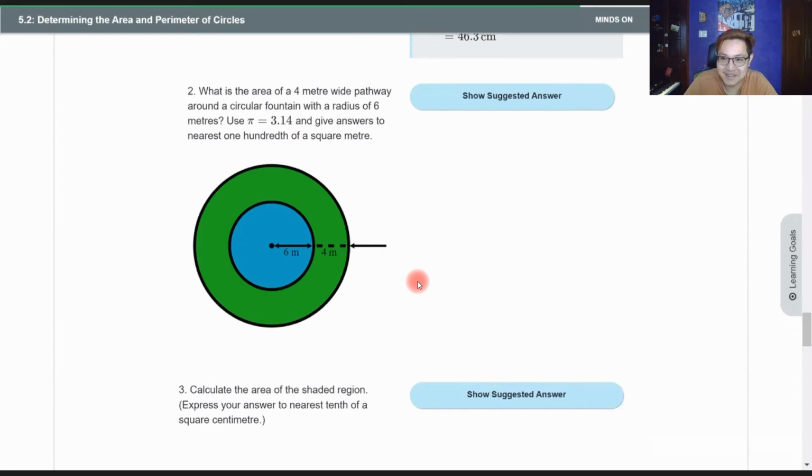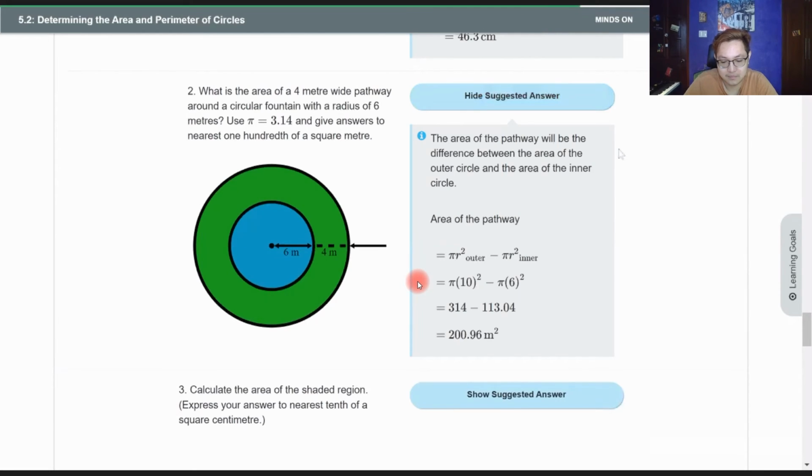No. Show suggested answer. Nearest 100 is 16. The area of the pathway would be the difference between the area of the inner and outer circle.